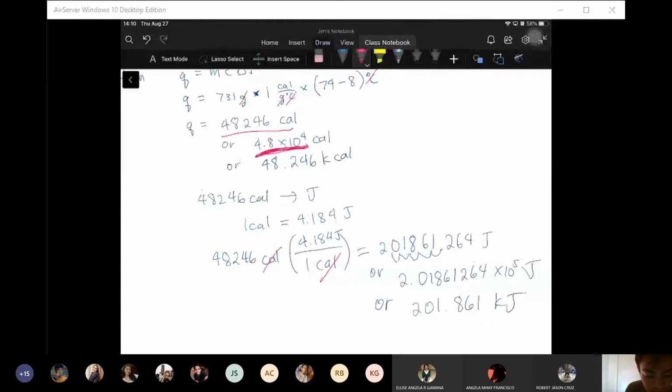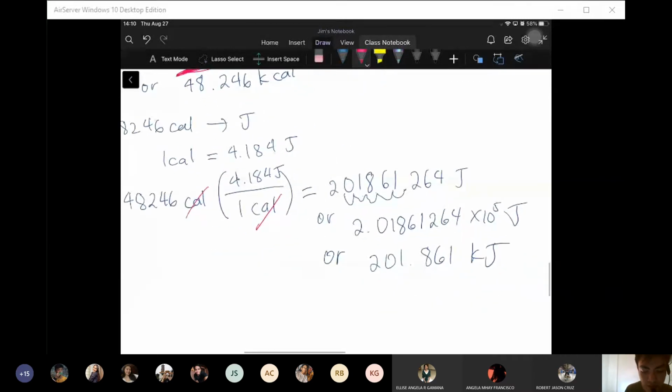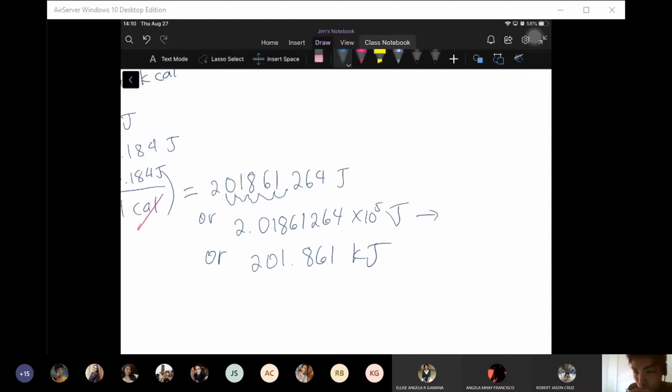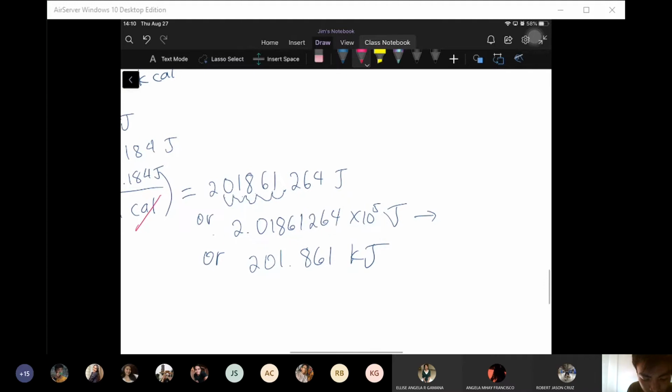Kunwari, itong sagot natin na naka-joules, sasabihin ko, express the answer in two significant figures na naka-joule. The unit is joule. So, all you have to do is kunin mo yung two significant figures dito sa scientific notation natin. First significant, second significant.